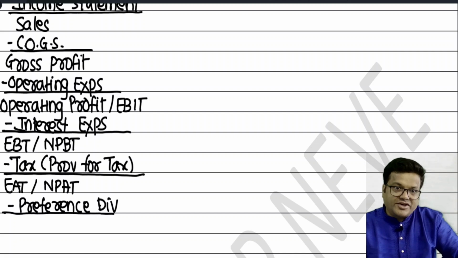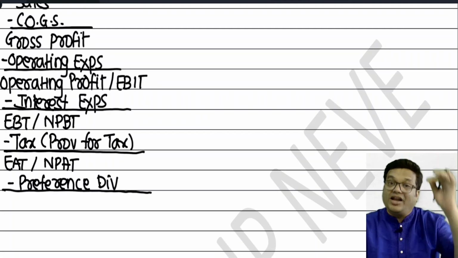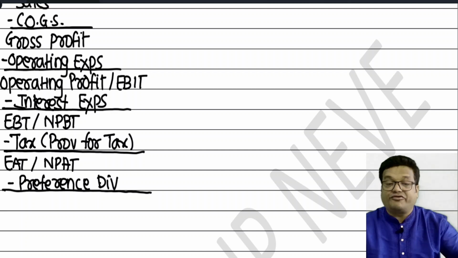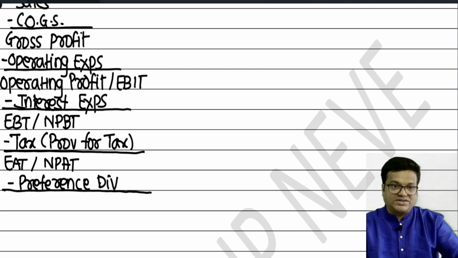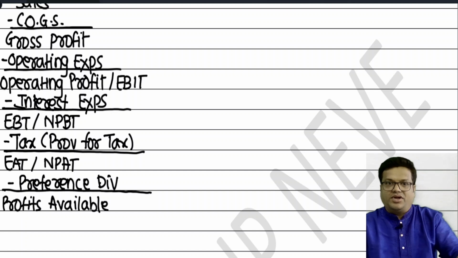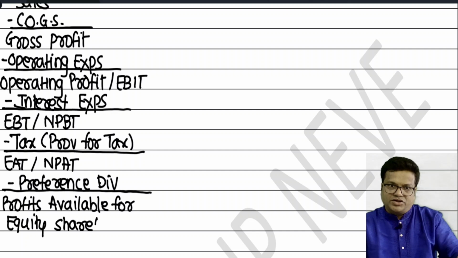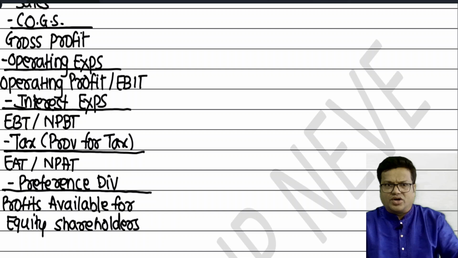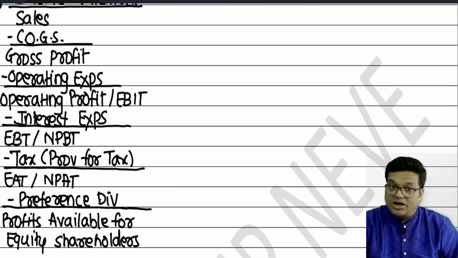Once the preference dividend is distributed to all the preference shareholders, then the leftover profit, the residual profit, will definitely belong to whom? It will definitely belong to equity shareholders. And that's why we call it profits available for equity shareholders. Got it, friends? The sequence of this income statement is really very important.